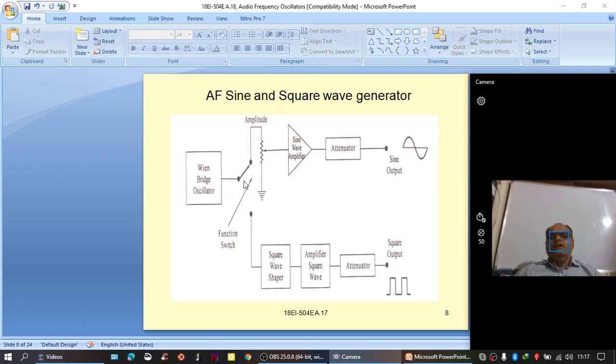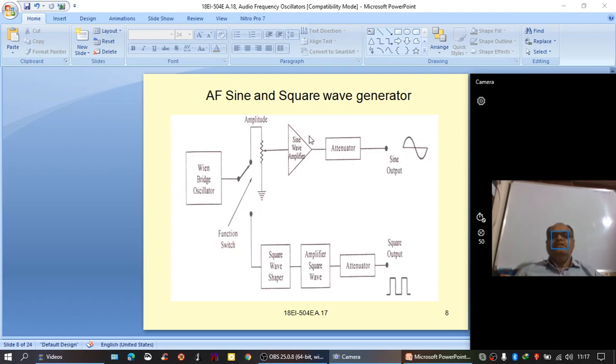and apart from the Wien bridge oscillator, the circuit consists of an amplitude attenuator, a potentiometer is used, and a sine wave amplifier. The output of the Wien-Bridge oscillator, that is a sine wave, is given to the potentiometer, and the potentiometer provides for amplitude adjustment of the sine wave.